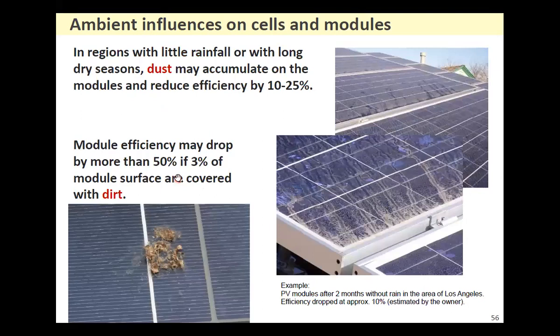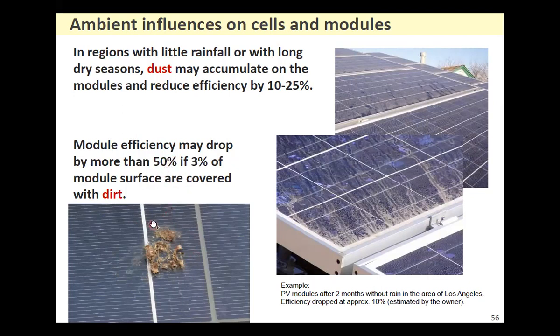Now this is another important slide regarding maintenance. Look, this is dust. It is decreasing the efficiency. Now look, this is solid waste, and it will further reduce your efficiency by 50%.